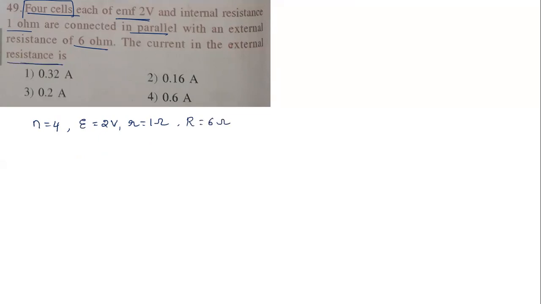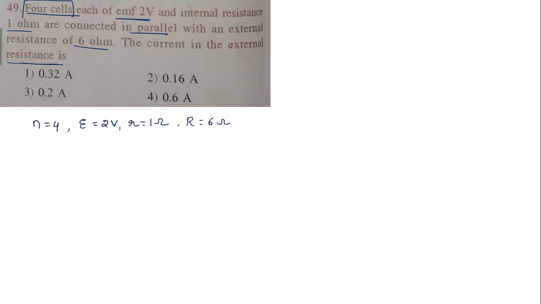So we need to find the current in the external resistance. How many cells are there? There are 4 cells. In what combination are they connected? They are connected in parallel combination.